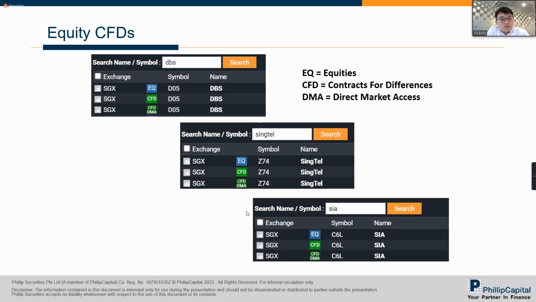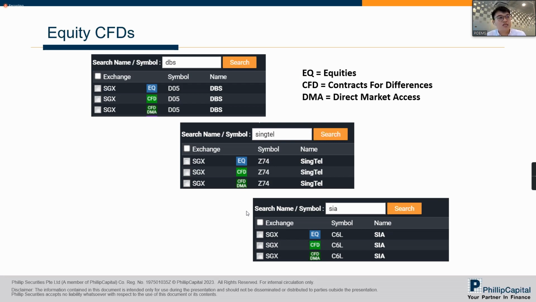Okay, so this is the equity CFD as well when you trade on our platform. For example, if you search for DBS, there will be 3 entries in the list. The first one is EQ in the column there, the second one is CFD, and the third one is CFD DMA. EQ means it is equities, it is really a stock, like you trade as normal.